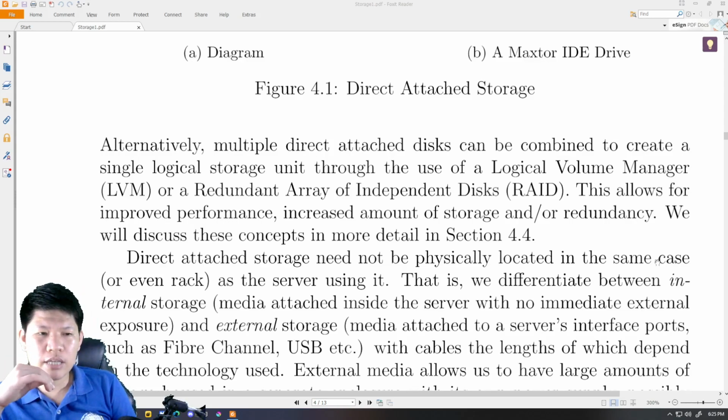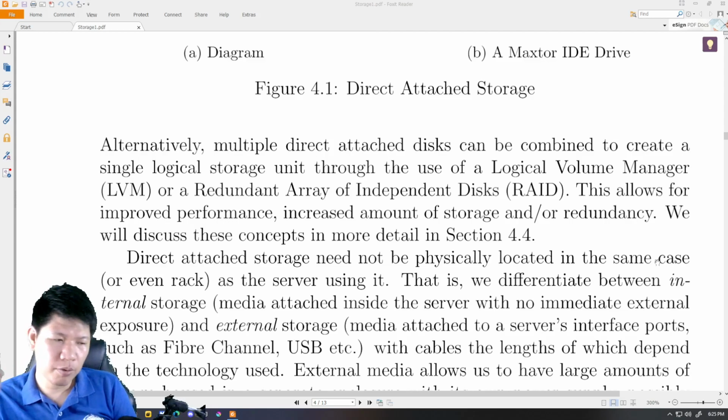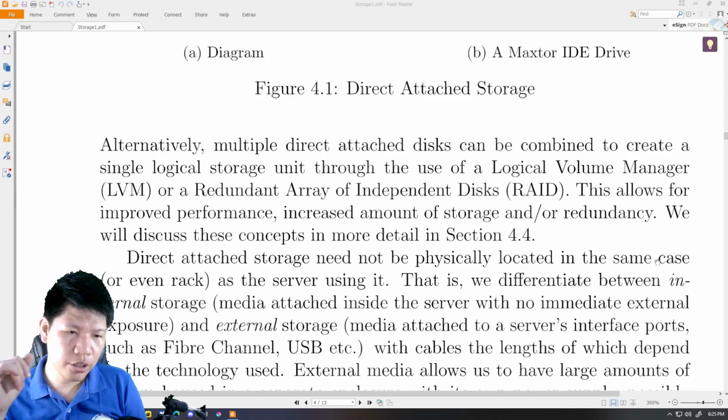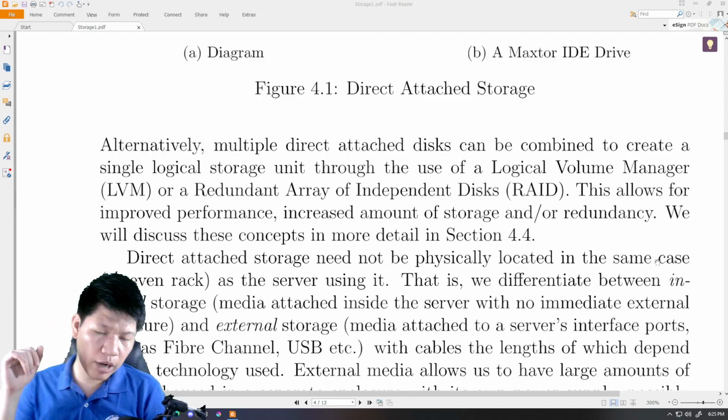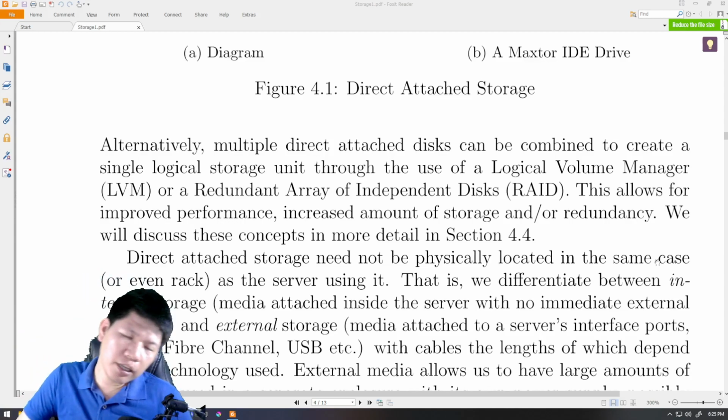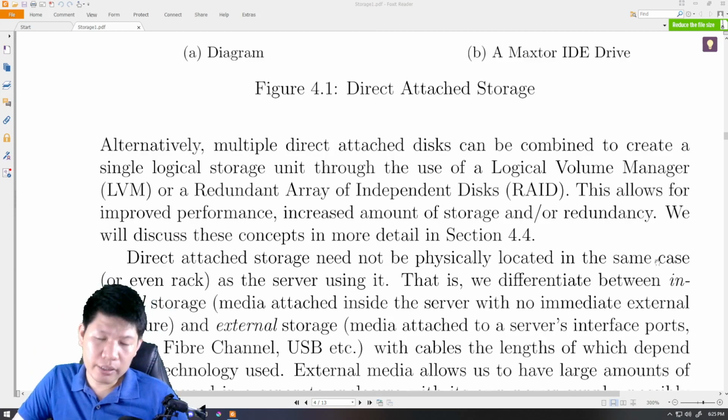So this allows for improved performance, an increase in the amount of storage, and or a form of redundancy. For example, when we talk about redundancy, you want to have two copies of your actual data. Say you have a 10 terabyte hard drive.